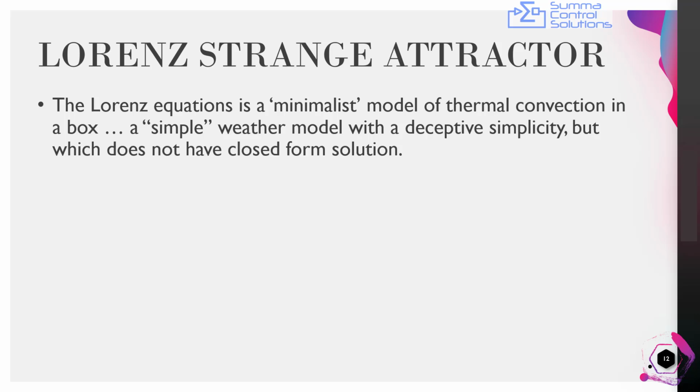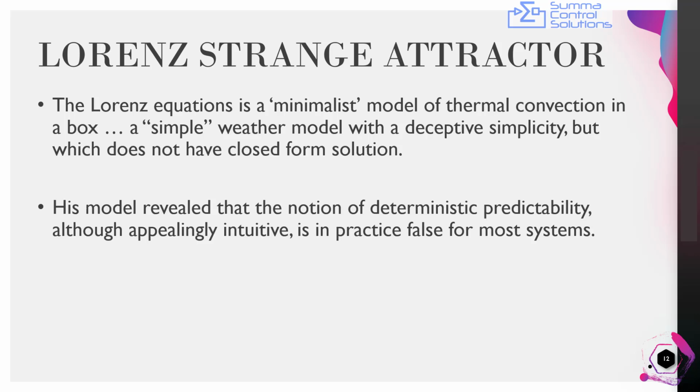It's a simple weather model with a deceptive simplicity, but which has no closed form solution. His model revealed that the notion of deterministic predictability, although intuitively appealing, is in practice false for most systems. Lorenz thus gave birth to chaos theory.